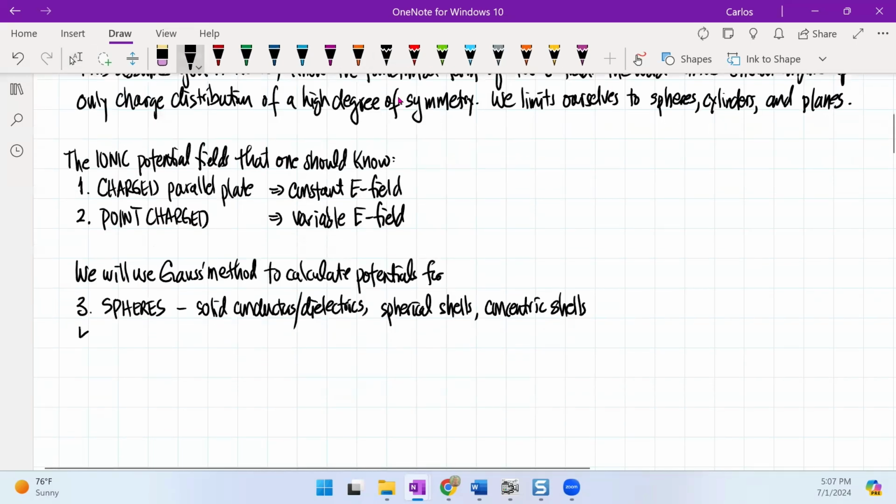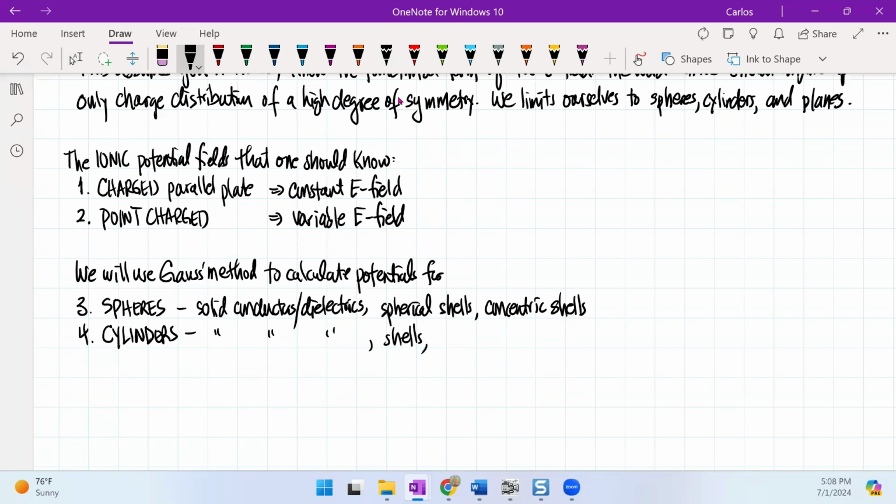The other thing that we can have here is that we could have cylinders. Cylinders turn out to be much more challenging, as we'll find out. Here, then we just follow the same thing. We can have solid conductors, we can have shells, and we could just keep going on.